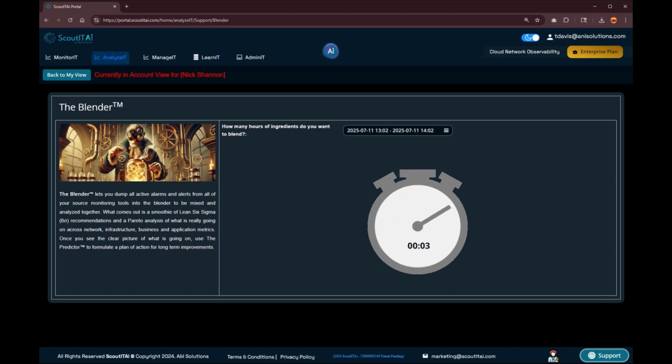So the Blender goes back and looks through all of the monitoring products that you're allowing ScoutITai to analyze, in this case for the past hour. It looks at every possible alarm you have and tries to find a pattern that connects alarms from different products together.